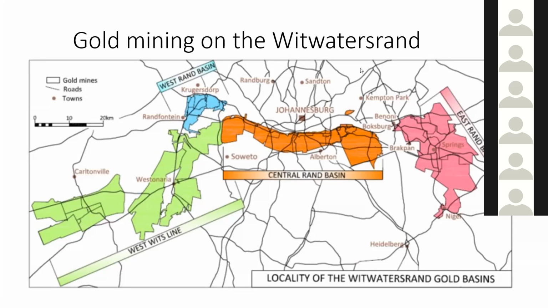What the study focuses on is the East Rand Basin, in the small mining town of Springs. The Blesbokspruit basically flows through this area, and where it terminates, it's around about here in Nigel. So we're focusing on the East Rand Basin, primarily around Springs.